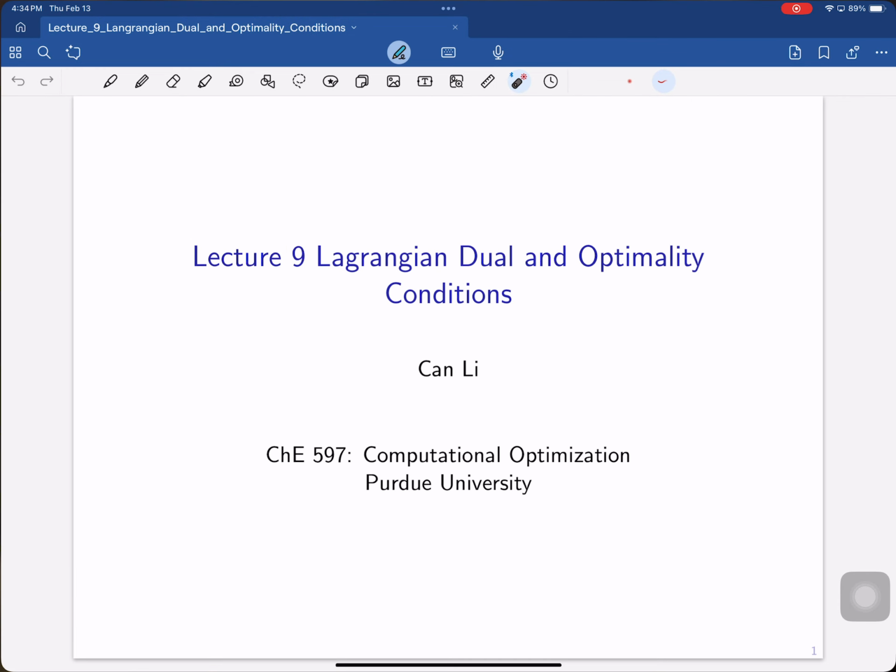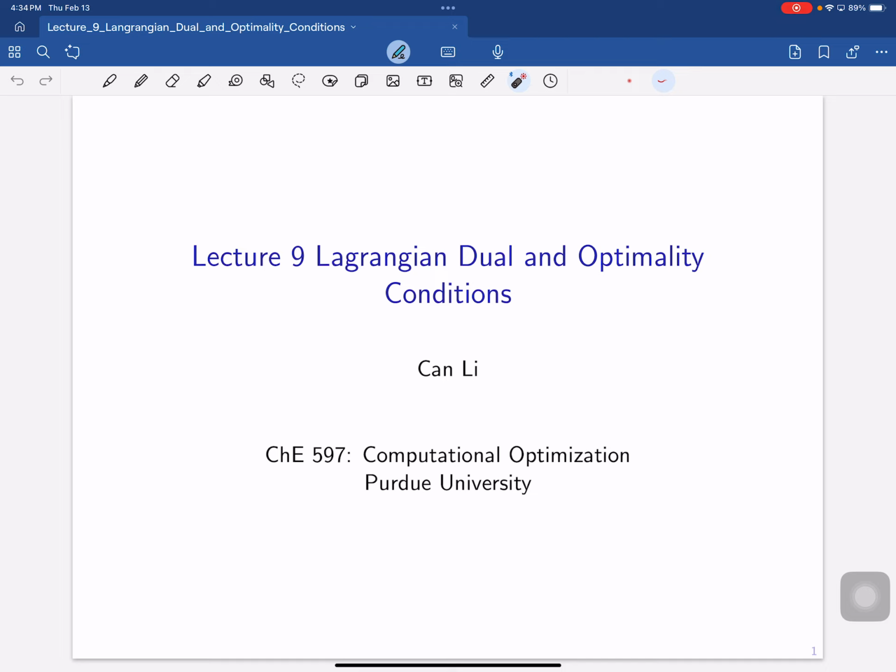Okay. So now let me switch gears and talk about the new lecture. We will talk about Lagrangian dual and optimality conditions for general nonlinear programs. As you follow the sequence of this class, we first talked about unconstrained programs. Then we talked about optimality conditions for linear programs. Then we talked about conic programs.